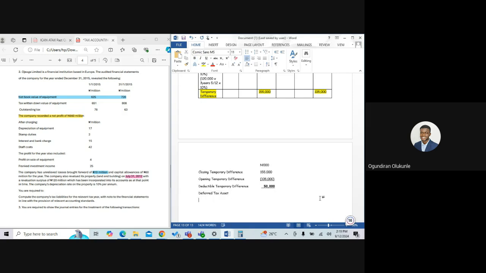That's at 30%. Or what's the tax rate? Please, if you are given the tax rate in the exam, please use the tax rate provided. So what's the tax rate? So 30% of 50,000. What do you have? 15,000.